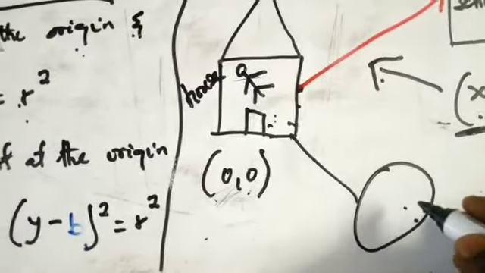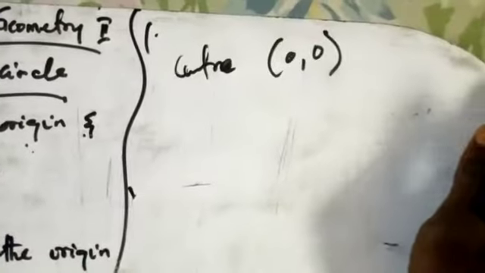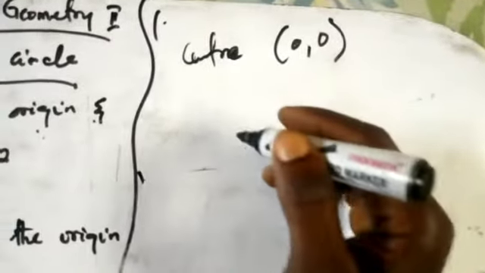Let's look at a simple scenario for understanding purposes over here. Now let's say you are in your house, so you have the center at 0, 0. Is that okay? You want to write the equation of the circle with the point, maybe your current location.